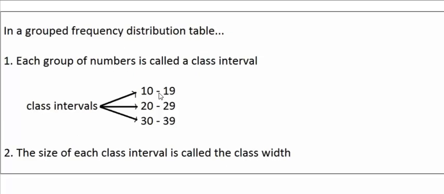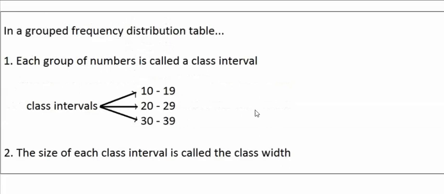But the class width is the total number of numbers between the low point and the high point of the interval. So this class interval has a width of 10 because there are 10 numbers between 10 and 19, and the width is 10 regardless of how many times it appears in the data.